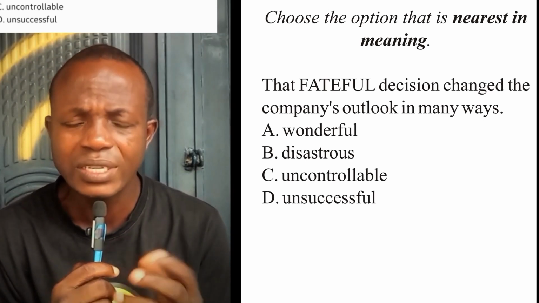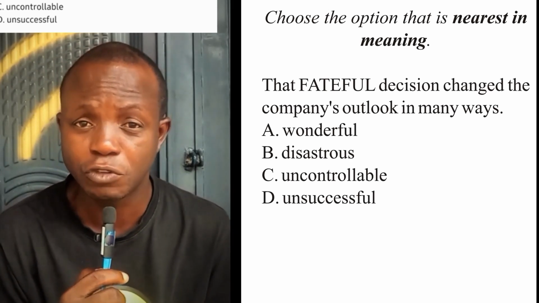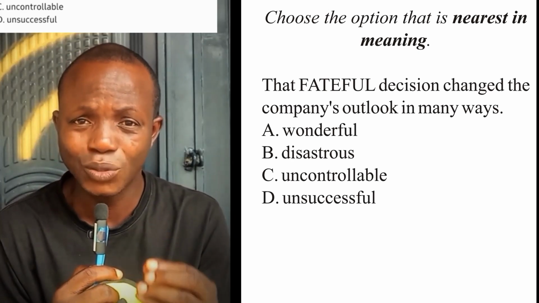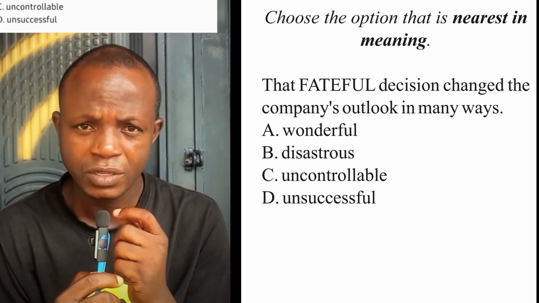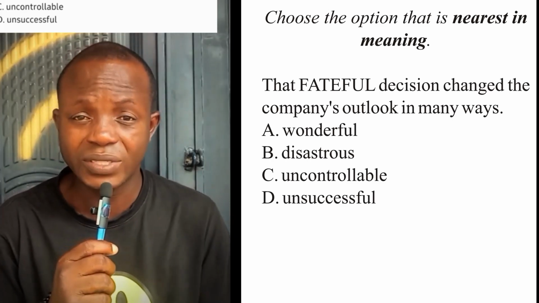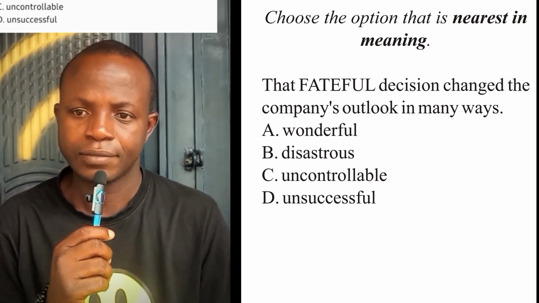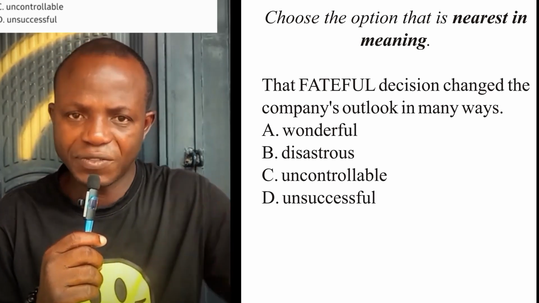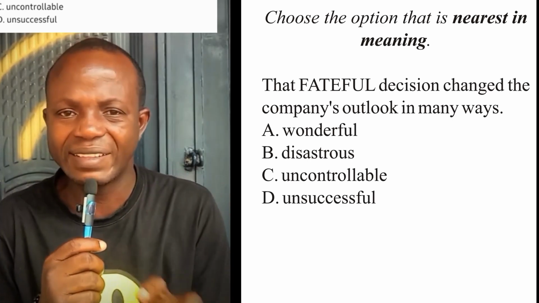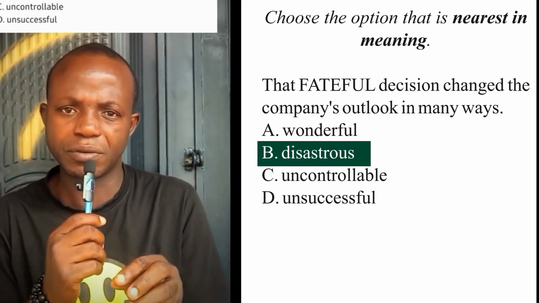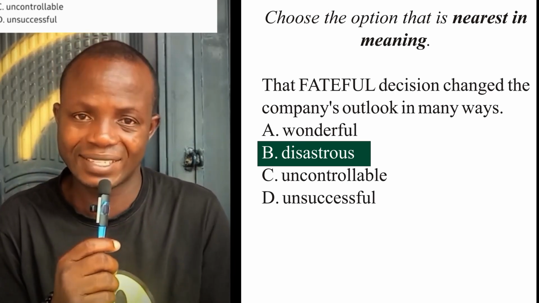A closer look into the meanings of the word fateful shows that the consequences are usually ominous. When we say something is ominous, it means it portends evil, danger, or disaster. Now, after we have discussed the meaning of fateful, which of the options is nearest in meaning to fateful? That is option B, disastrous.